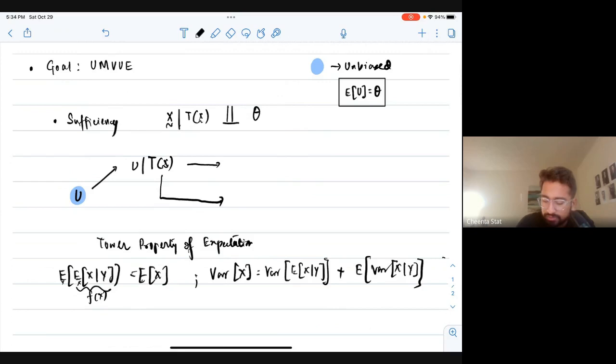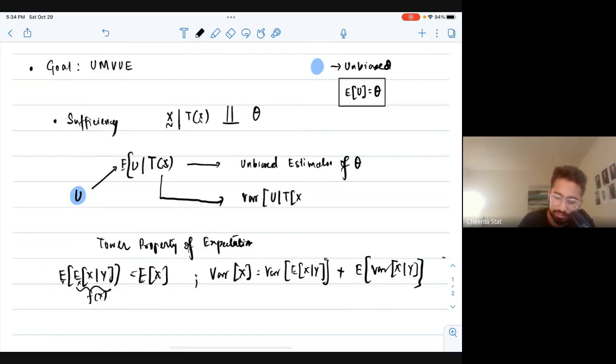So this E[U given T(X)] is an unbiased estimator of theta. Similarly, you can check using the star property, and I will show it in the class, that the variance of this new function E[U given T(X)] is less than or equal to the variance of U.